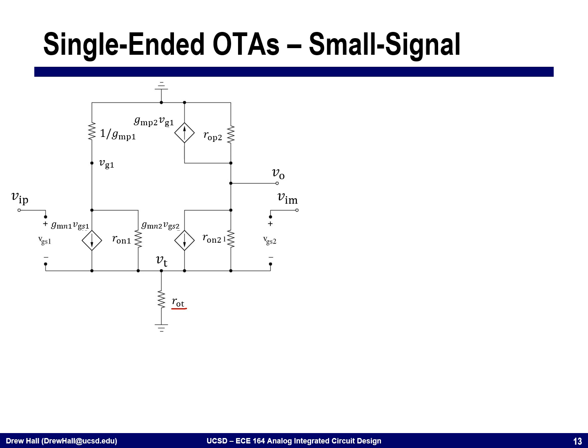One side I have 1 over GM, and the other side I'm going to have R naught. Importantly, what this means is that when we don't have a fully symmetric circuit, we can't use techniques like half circuit analysis. So we're going to have to resort to doing KCL and KVL in order to solve this circuit.